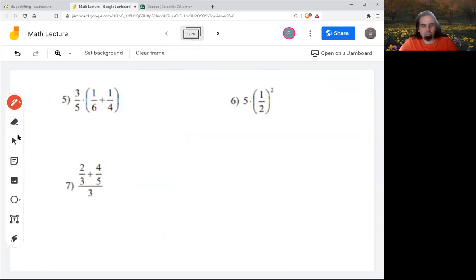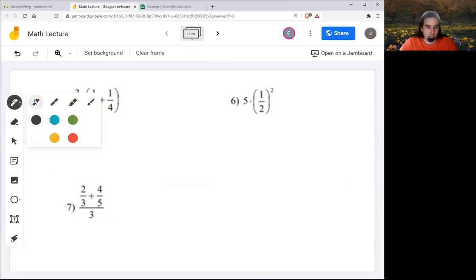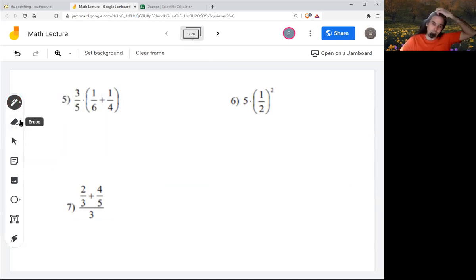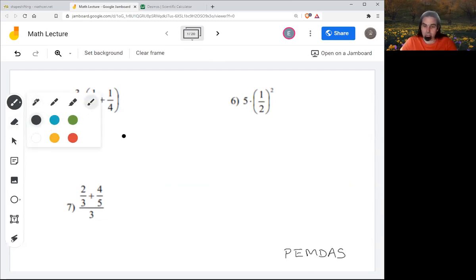Okay, let's do these order of operation review things. We were talking earlier about PEMDAS, and how to think about it correctly. You want to keep 2 things in mind.